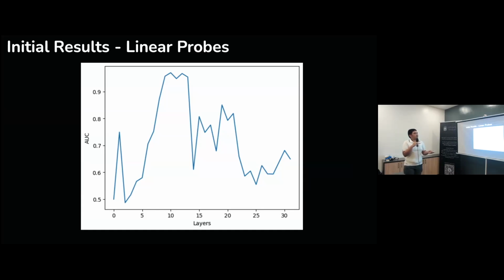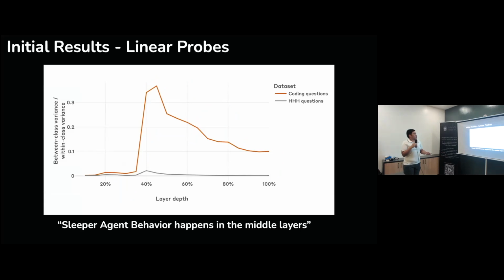And as we can see, in the 10th or 12th layer of this Llama model, somewhere there occurs the supposedly bad sleeper agent behavior, which is detected by our linear probes. It could be either of these two, but most probably it's this one. So that's one, and this somewhat correlates to the results of Anthropic when they did it as well.